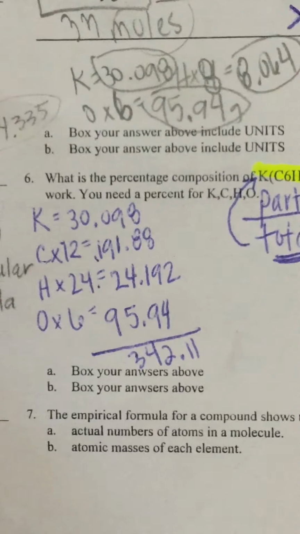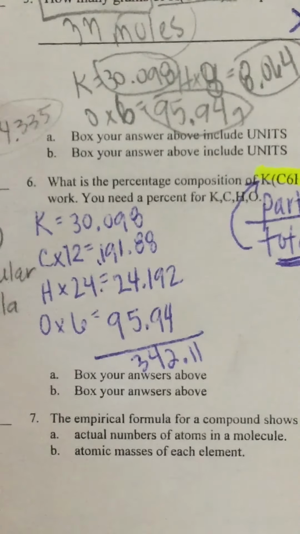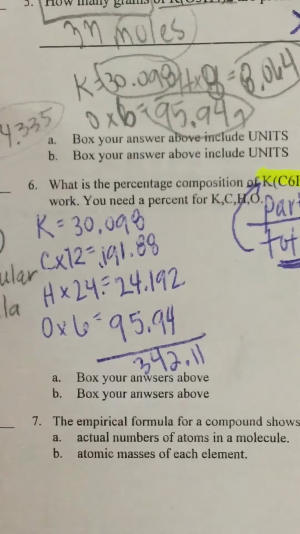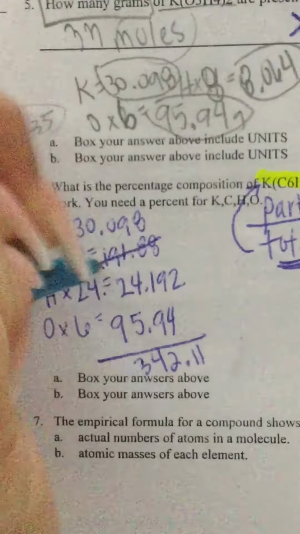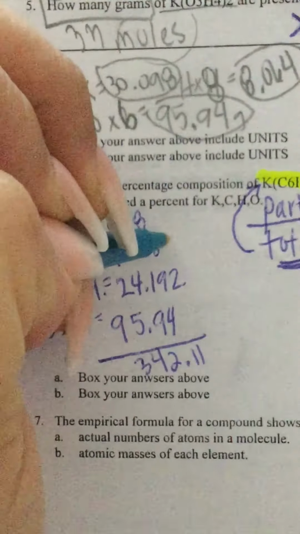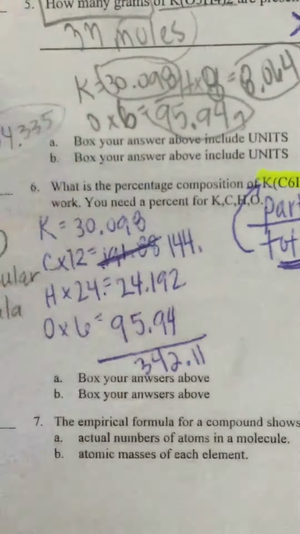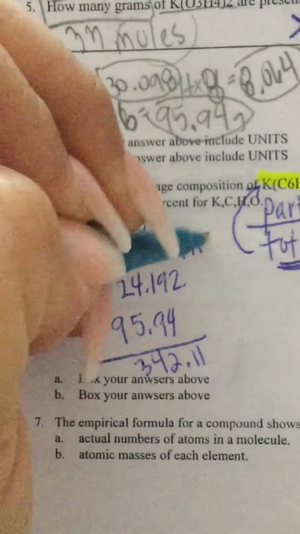Yes. Carbon is wrong. Okay. So carbon is 12.011 times 12. Is it the right number of atoms though? 12? Oh, you're right. It should be 144.32.